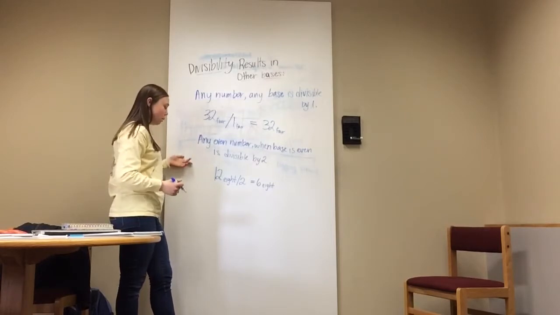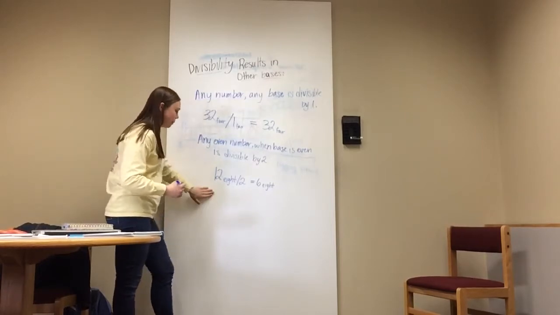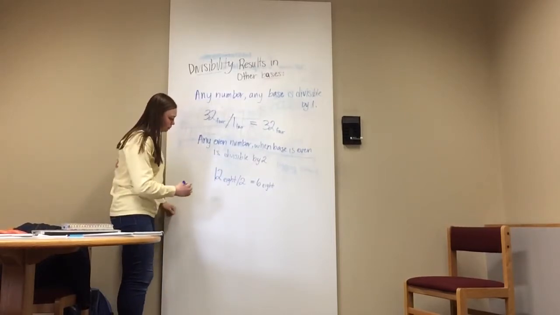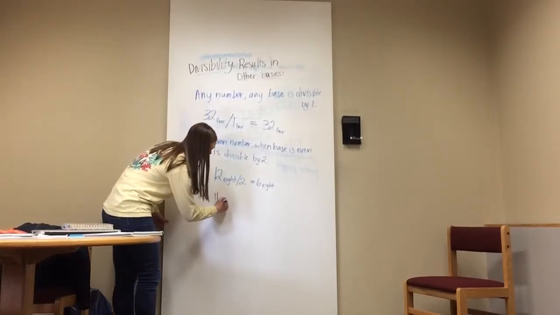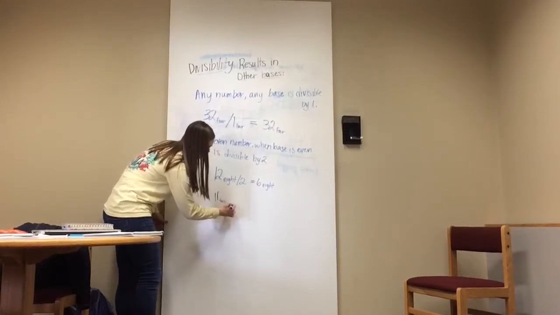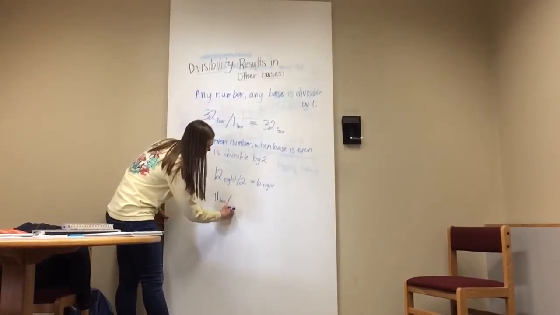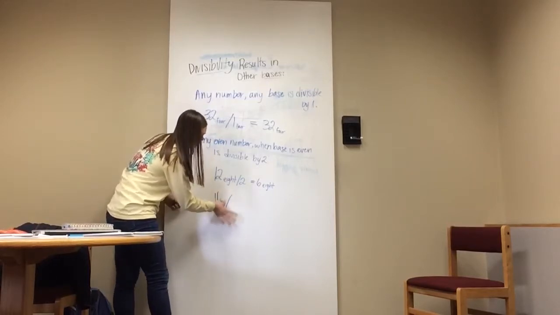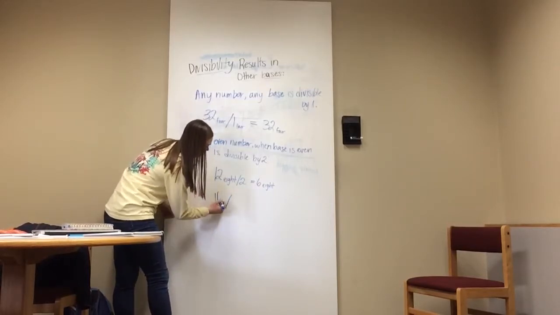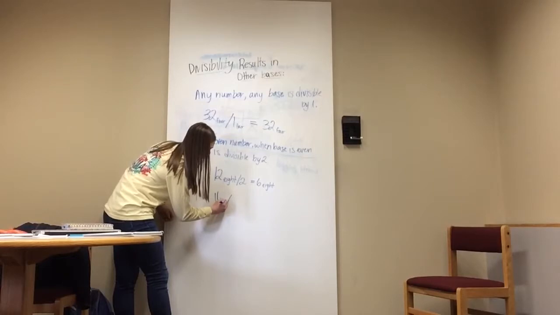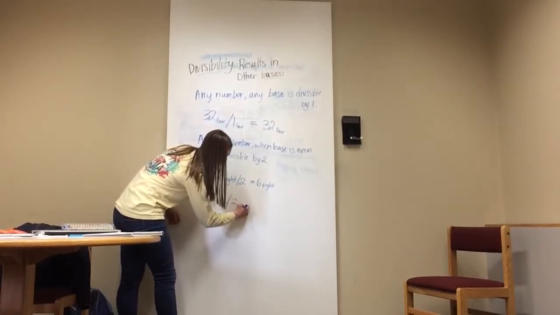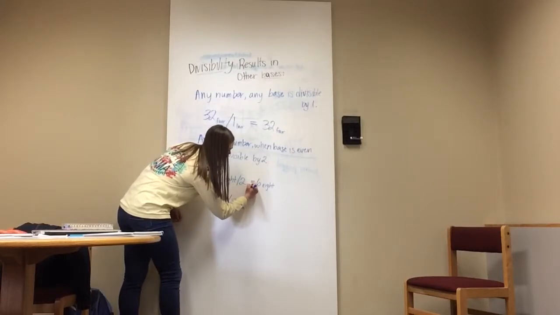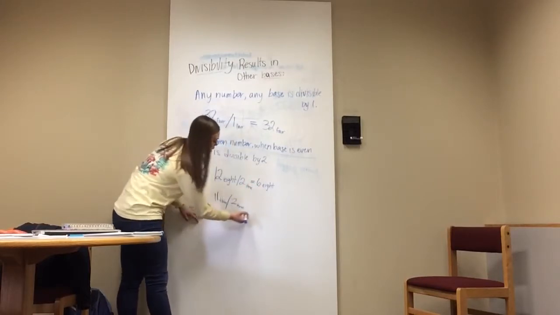So say we had an odd base. Let's look at this for a second. Say we have 11 base 3 divided by 2 base 3.